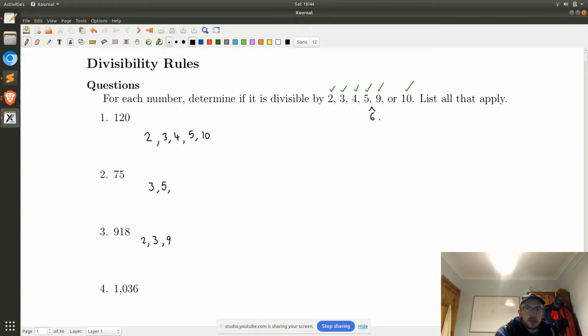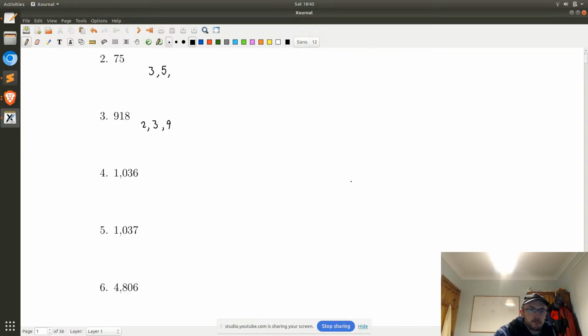So I will include 8 in the list as well. 7, however, is a lot trickier, and 1 is trivial. So really, there's a divisibility rule for all the numbers from 1 to 10 except for 7. And so I'll apply these to all the numbers going forward from here.